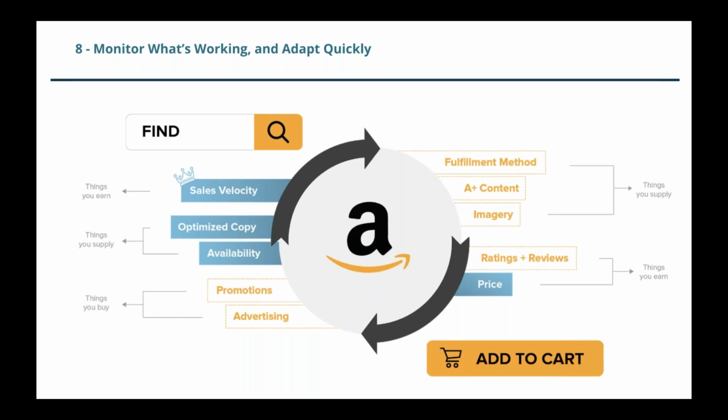Now, on the discoverability side of the chart, there are things that you buy, like advertising and promotions. These will certainly make you more visible. They will get you more glance views. They will absolutely eat into your margin. They are expensive things that you would have to really decide are worthwhile investments for you. And then there are things that you supply on this side as well.